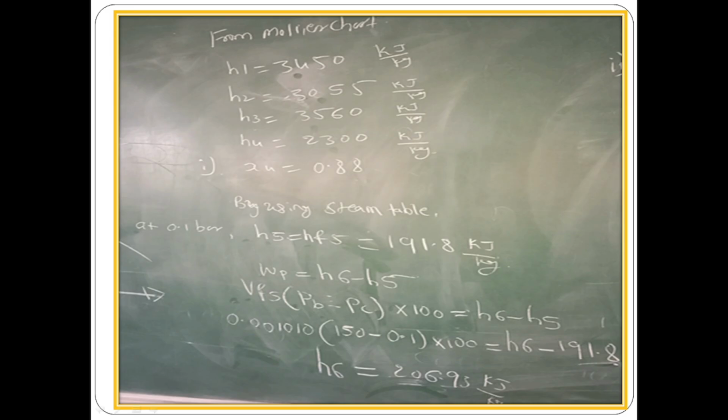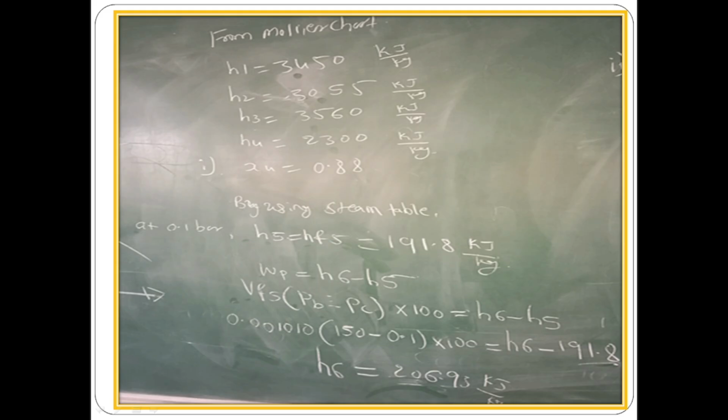Similarly, I will find H6. We know the pump work is equal to H6 minus H5. Again we apply pump work using a general property equation, VF times boiler pressure minus condenser pressure, multiplied by 100.